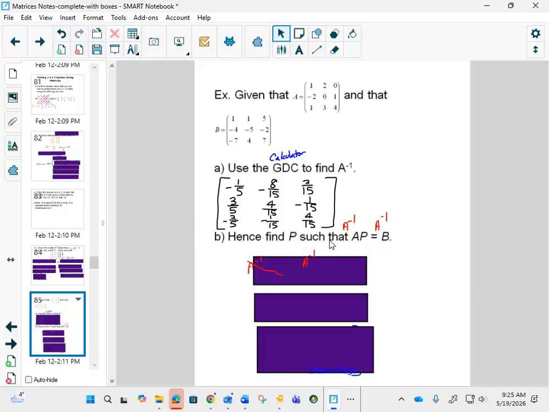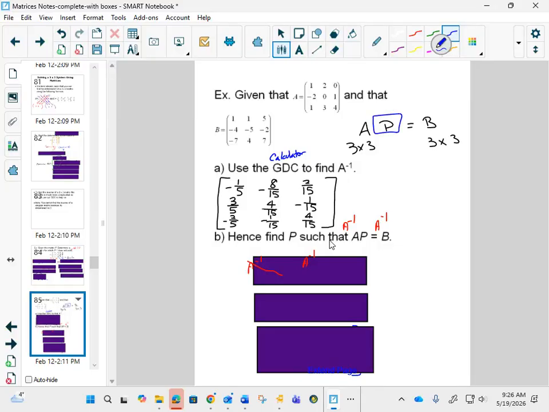And now we want to find a matrix P using our calculator, because this would be very hard to do otherwise. Find a matrix P so that A times P equals B. There are some things that we can figure out. For example, if B is a 3×3 and A is a 3×3, in order to multiply by P, matrix multiplication, they have to be compatible, right?